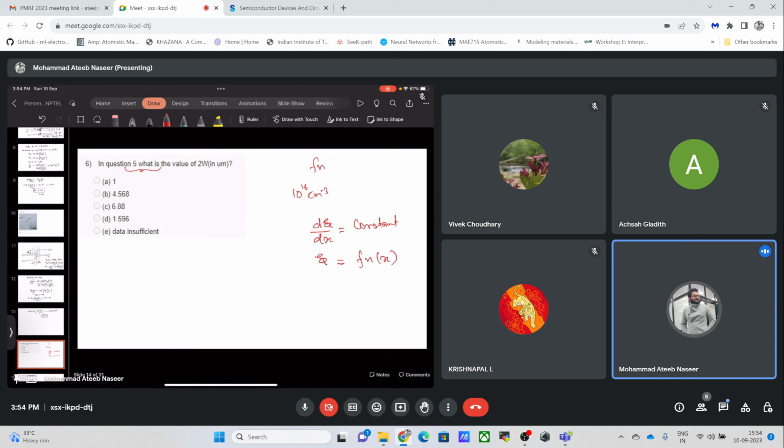Similarly, for the intrinsic region, dE by dx, since this intrinsic region has no carrier concentration, the term rho by epsilon naught is equal to 0.